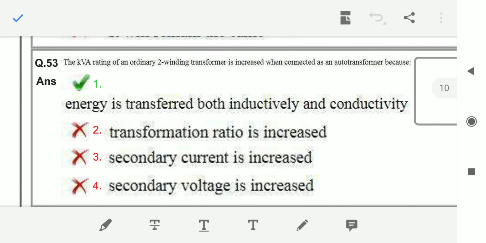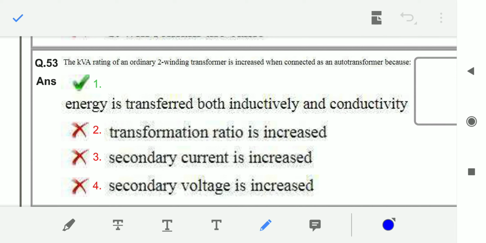Coming to question number 53, the kVA rating of an ordinary two winding transformer is increased when connected as an auto transformer. We have a two winding transformer, and we would like to convert it into an auto transformer. Definitely the auto transformer will have a larger kVA rating compared to the two winding transformer. Why?